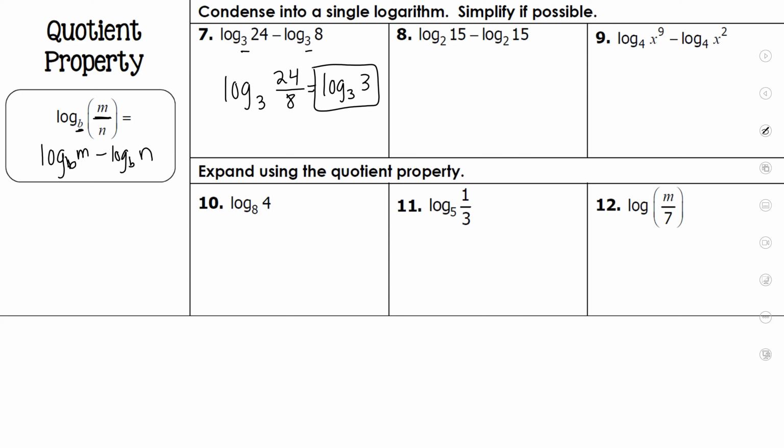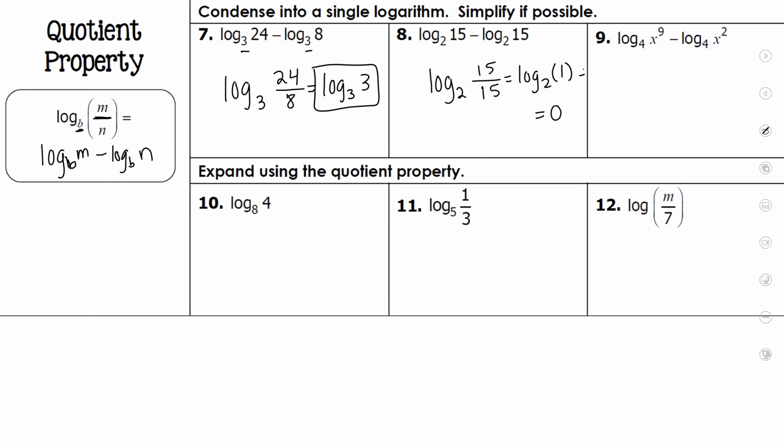Okay, next, log base 2 of 15 divided by 15. What can this be simplified to? 1. And guys, the answer, log base 2 of 1, when the inside is 1, your answer is just 0.